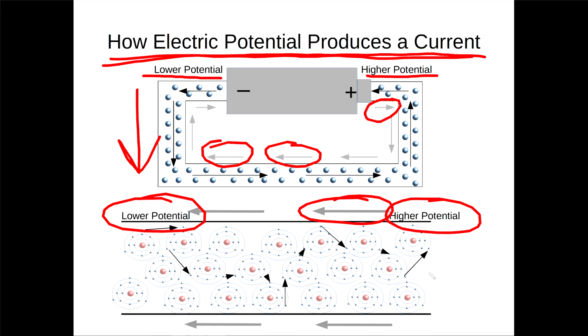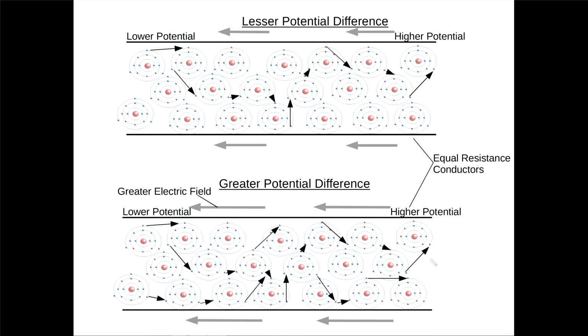If we look at this next slide, I just want to show you guys this real quick as well. Here we have two identical wires, and it's important to understand these wires have equal resistance. You might not know what resistance is yet, but I will make a video on resistance. Basically what I want to demonstrate here is that on the top we have a lesser potential difference, so it has a smaller voltage across this wire.